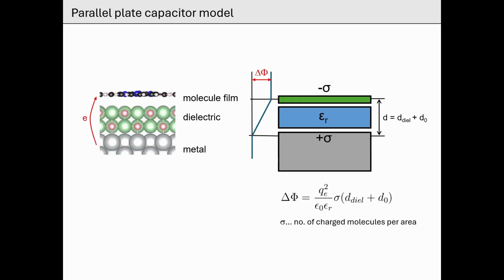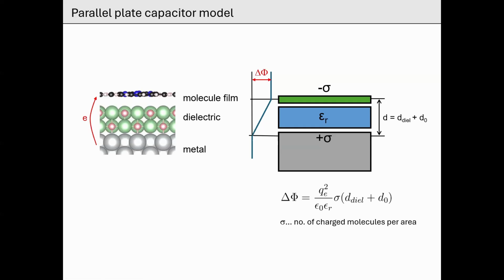Now let's look also at our system. We have a system consisting of a metal, a dielectric, and a semiconductor on top, and we have an electron transfer from the metal, for example, to the semiconductor, to our molecule film. This can actually be viewed as a simple parallel plate capacitor. If we have electron transfer, we have negative charge outside, we will have an image charge in the metal, and of course this forms a dipole.